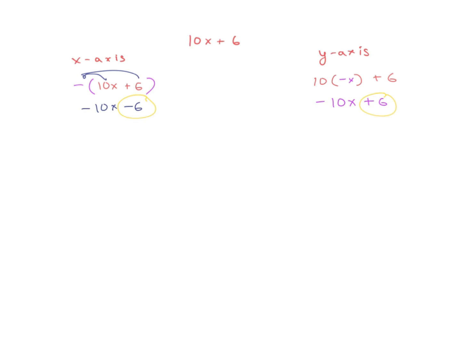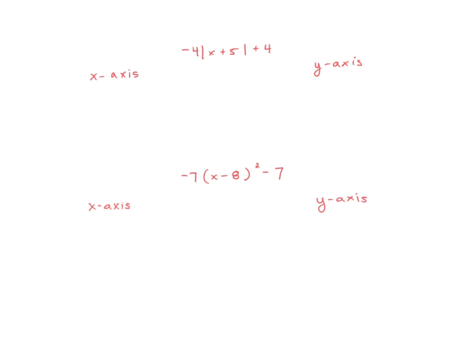Let's look at another example, a function with an absolute value. If I'm just changing everything on the outside, then we're not really having an impact on what's going on inside the absolute value function. So you end up with a positive 4, and that sign changes.